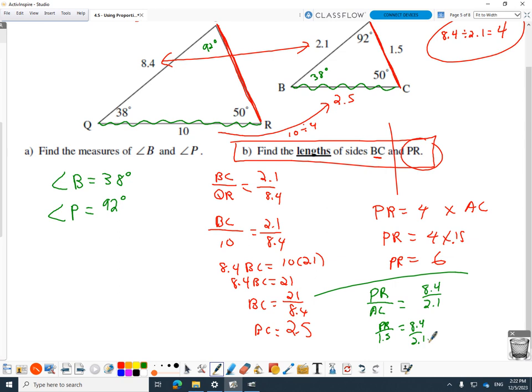So then I can cross multiply. 2.1 PR equals 8.4 times 1.5. Get out my calculator. What's 8.4 times 1.5? That would be 12.6. And I divide that by the 2.1, and I get length 6. I better put the, oh, it didn't tell me whether it was centimeters or meters, so it's whatever it is. Adam, 1 sec. So let me wrap this up.